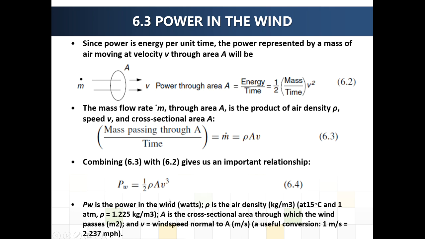And the unit of PW is watts. The air density is in kilograms per cubic meter, A is in square meters, and V, the wind speed, is in meters per second.